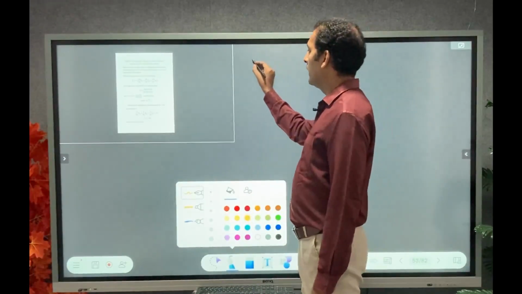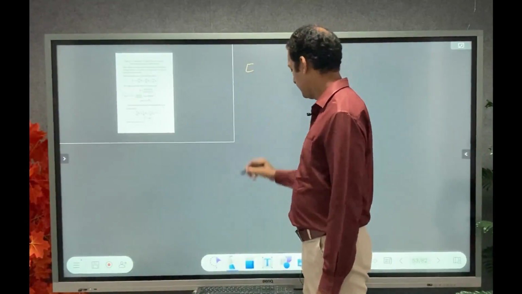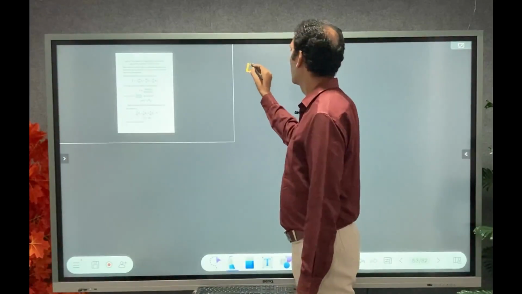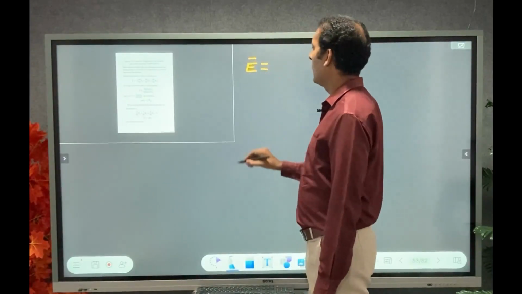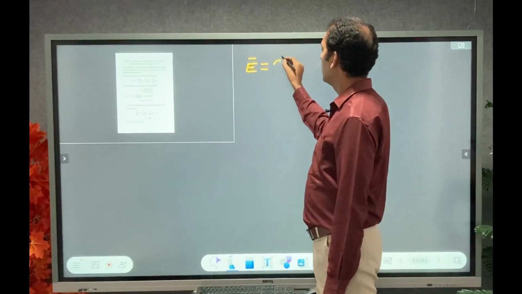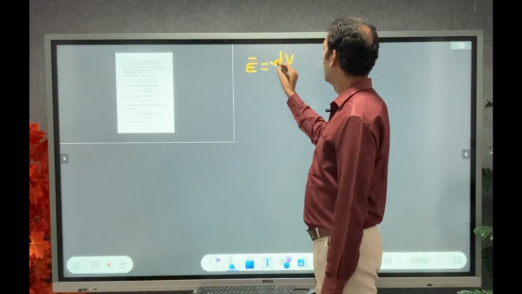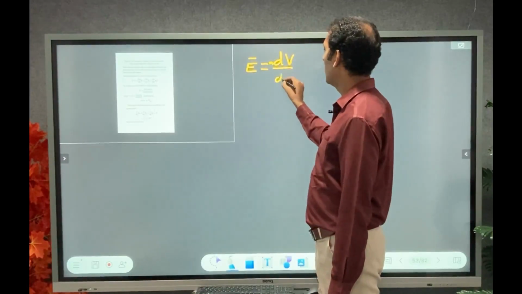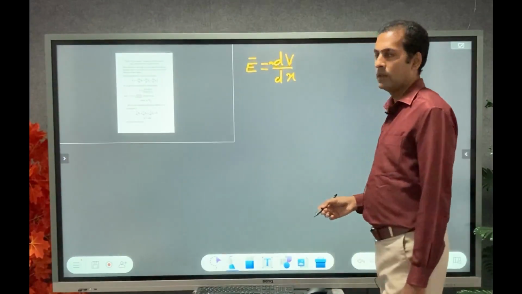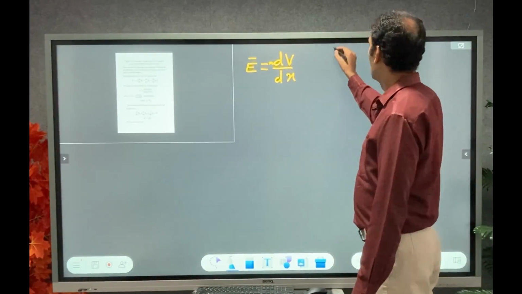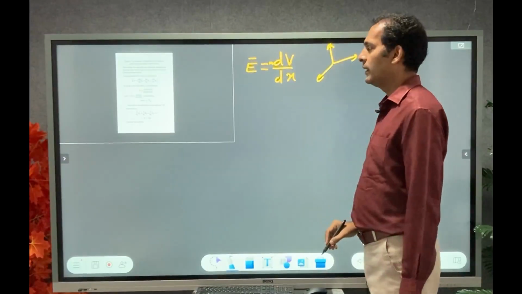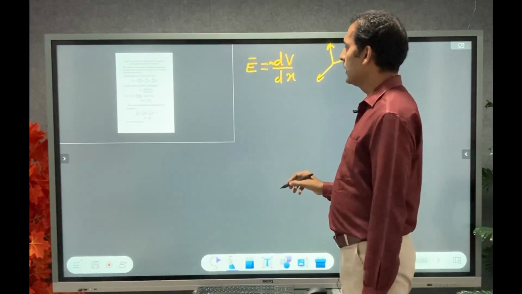Okay, now what we know so far, we know that E bar is nothing but, we can say it is the minus derivative of dV by dx. Now if we consider a three-dimensional view where we have x, y as well as z, what can we say?